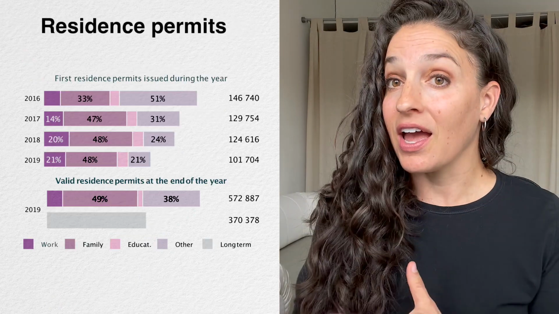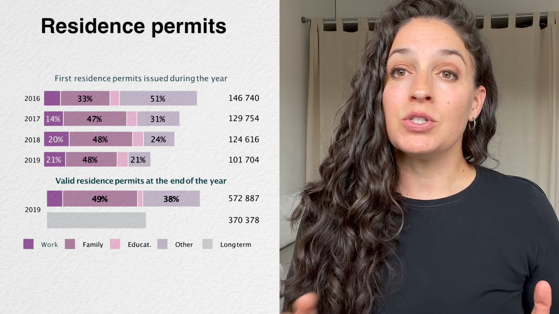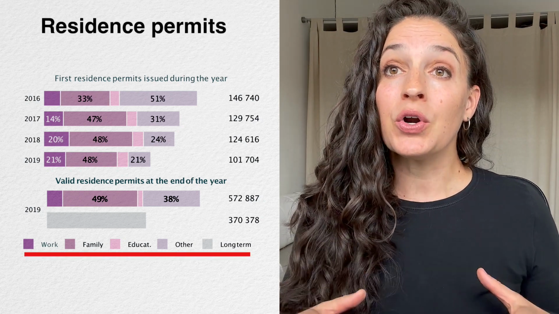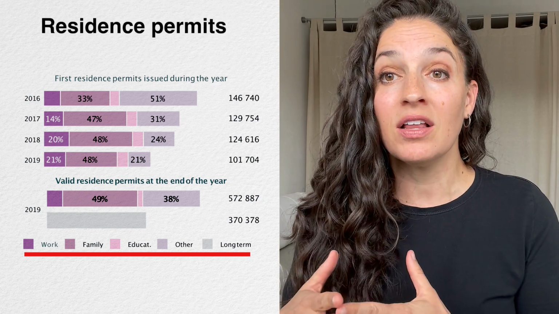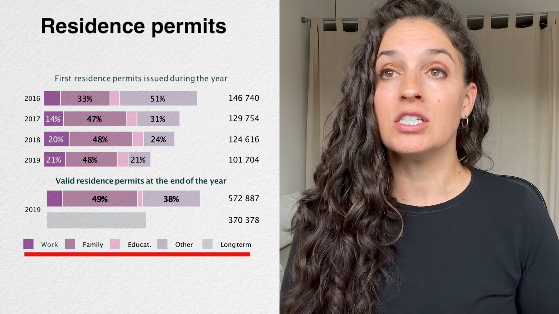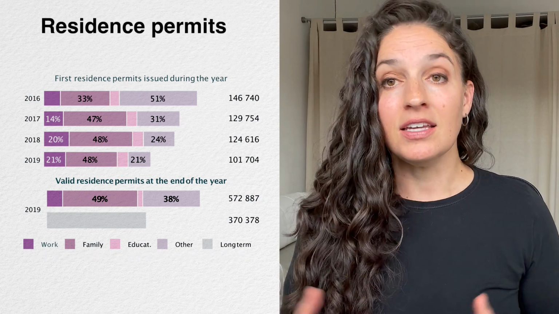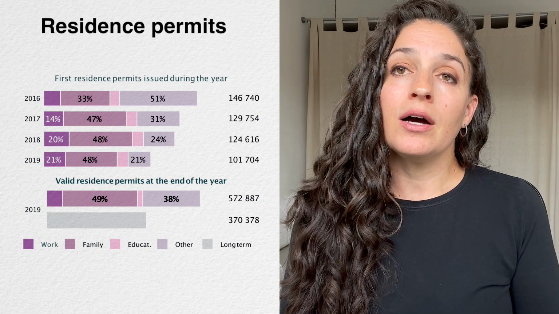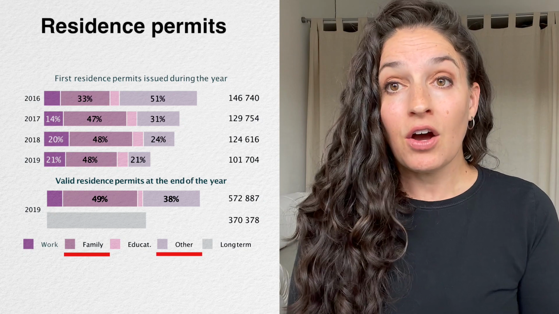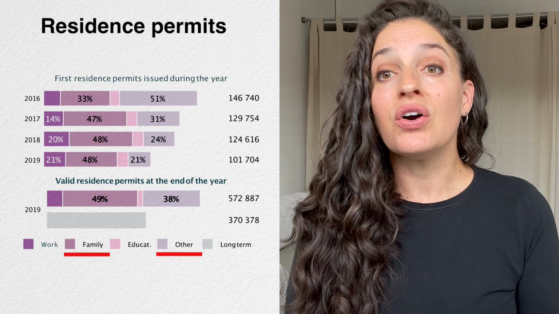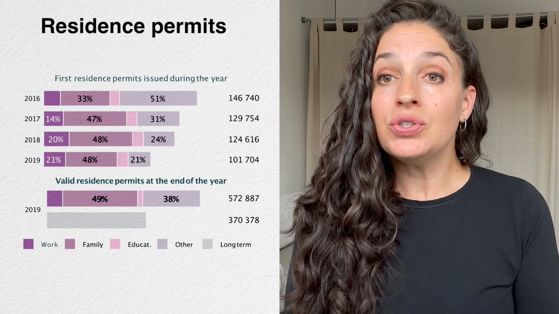Now, if we look at residence permits, here we can see the difference between residence permits by work, family, education, and other reasons, as well as those people who are on long-term residence permits. Now remember, European citizens would not need these, right? So here we see that family and other reasons are really the largest reason for migration for third country nationals to Sweden.